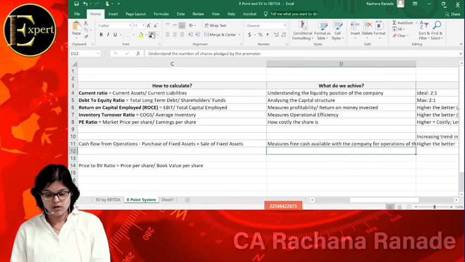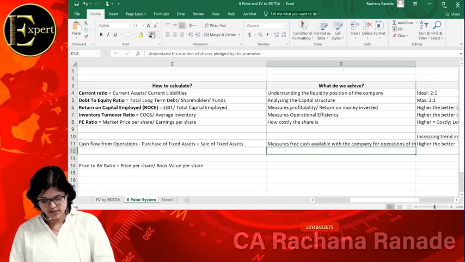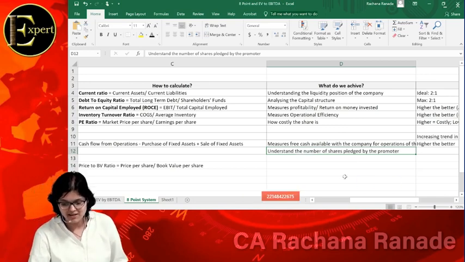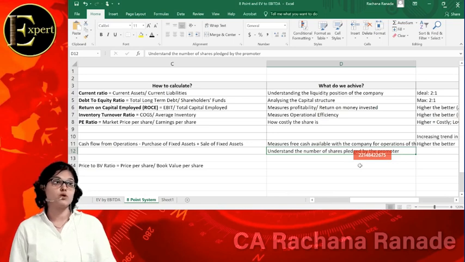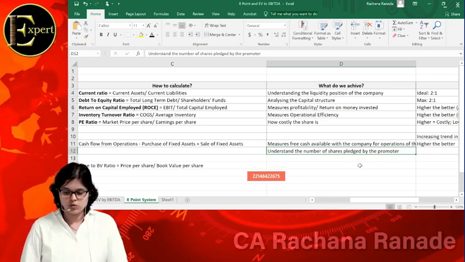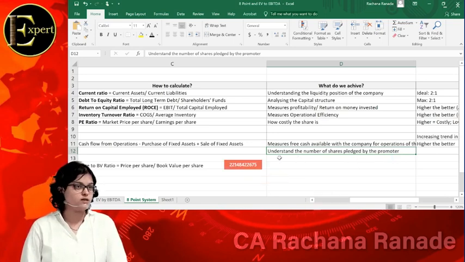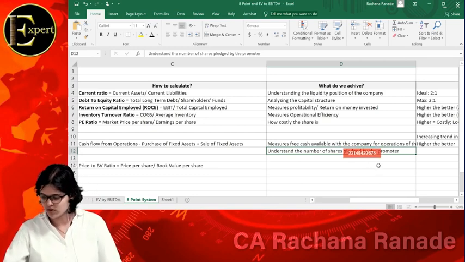Okay. So what were we trying to understand? The number of shares pledged by the promoters, especially the promoters. So what do we achieve? We try to understand the number of shares pledged by promoters.